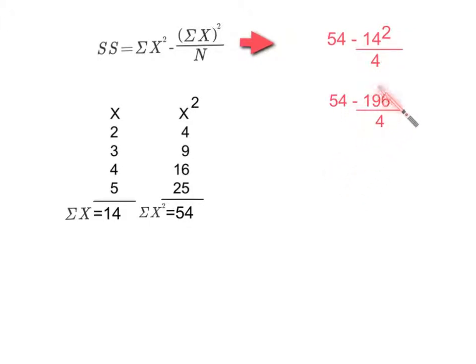Okay, so if I square 14, that's 196, and I divide that by n, which is 4, and I'm going to subtract that from 54. So 196 divided by 4 is 49, and 54 minus 49 gives me a sum of squares value of 5, which you can see right here.